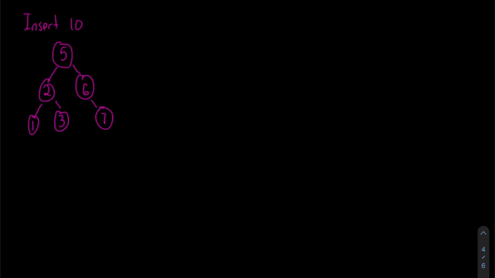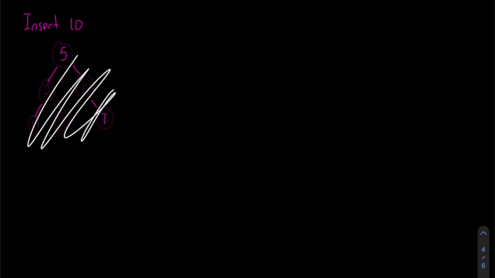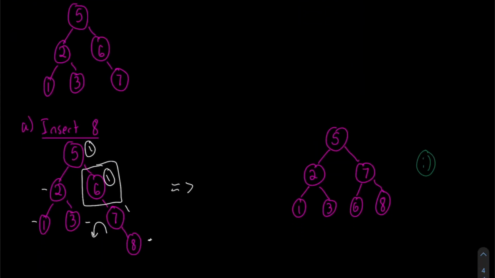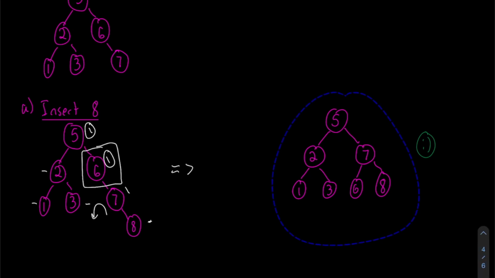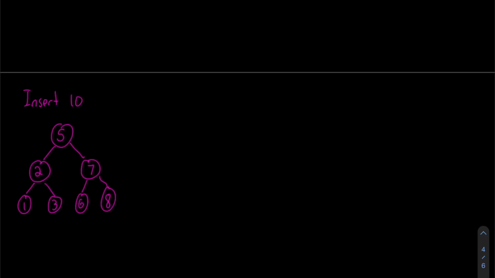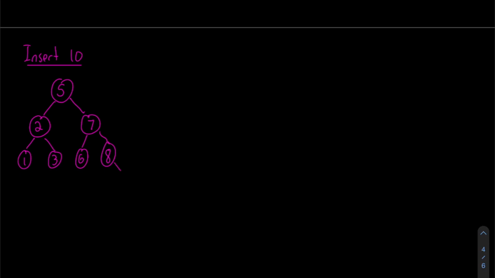Actually, this is the wrong tree, so why don't I erase that, go back up over here, copy this, just do a little copy pasta action, and I'm going to put 10 as the right child of 8 because I wanted to insert 10. How did I get 10 as the right child? 10 is greater than 5, which is greater than 7, which is greater than 8, so it ends up being the right child of 8. That's how I got it.